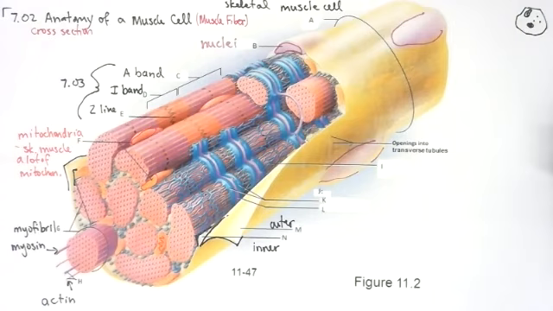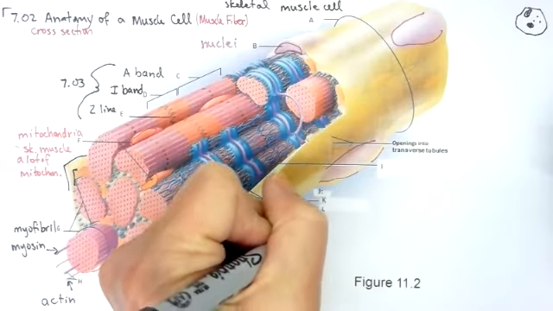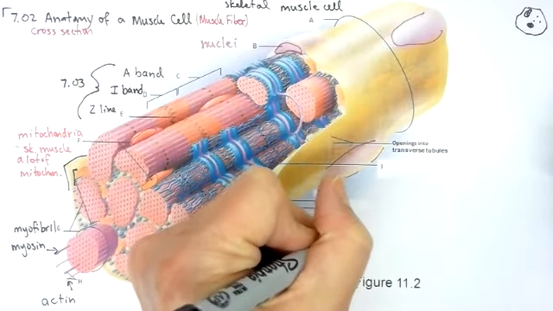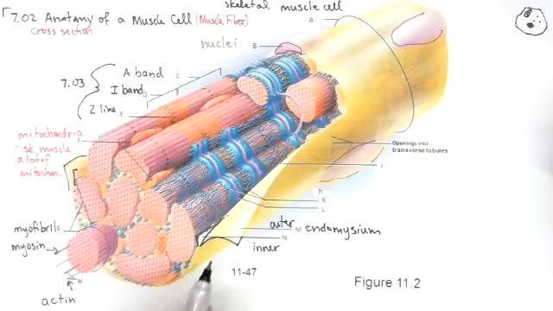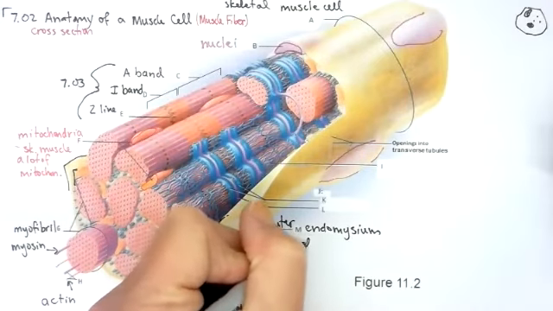Well, remember we said back in the last video that a whole muscle fiber is wrapped by a membrane called the endomysium. And so this big yellow structure that we see is the endomysium. And what we have peeking out here then is the regular cell membrane. It also has a cell membrane.